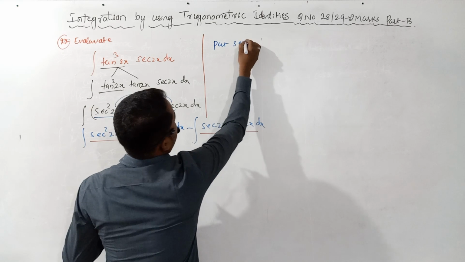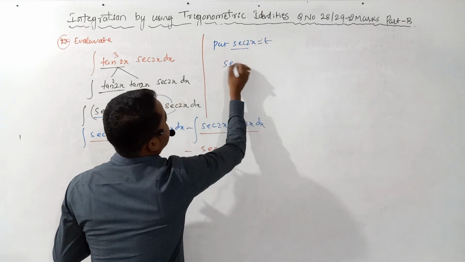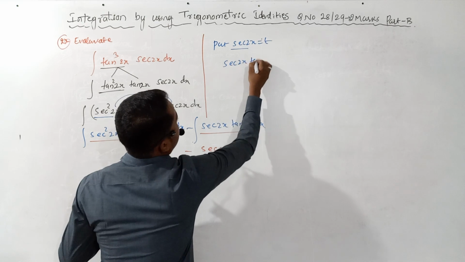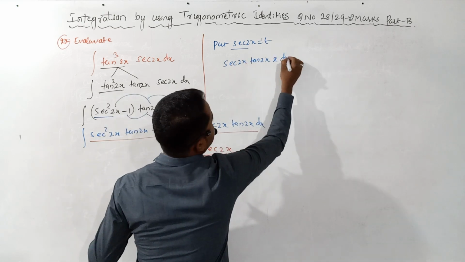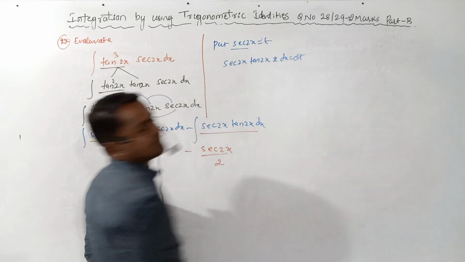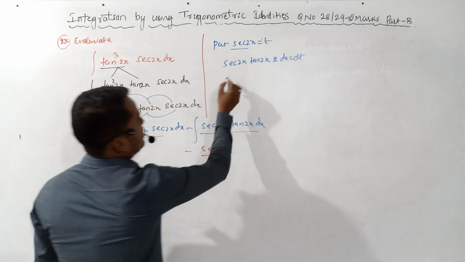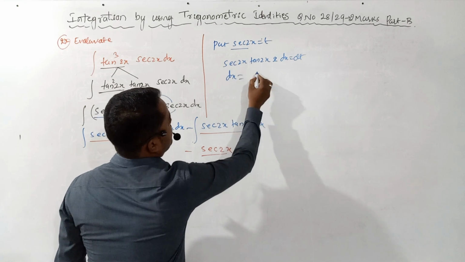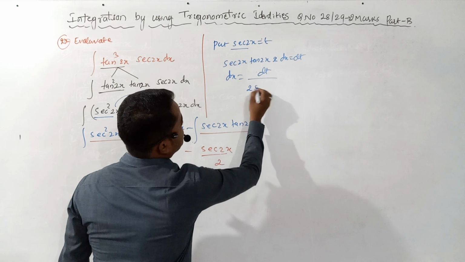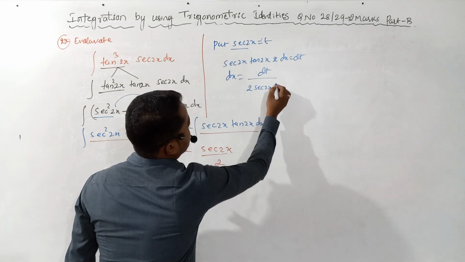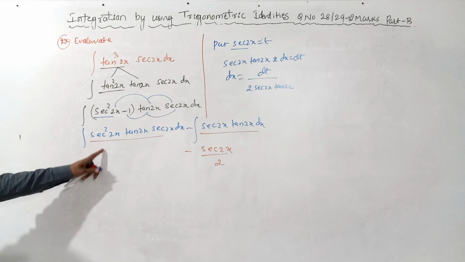Derivative of sec 2x is sec 2x tan 2x into 2 dx, equal to dt. So dx is equal to dt divided by 2 into sec 2x tan 2x. This substitution we use to integrate this one.